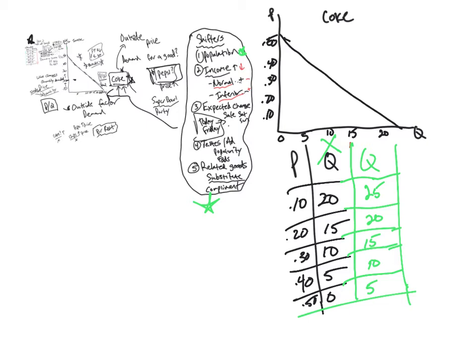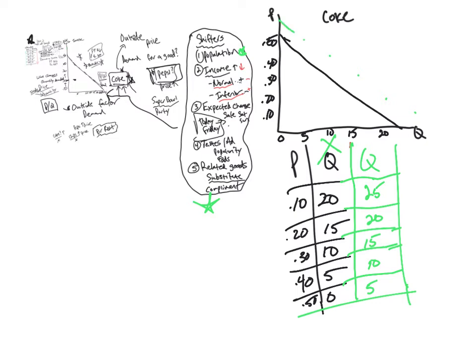So now these green numbers, they're all out here farther. They're all plotted out here. At 10 cents, we're at like 25, which is like there. At 20 cents, we're at 20, which is out here. And at 30 cents here, 40 cents here, 50 cents here.